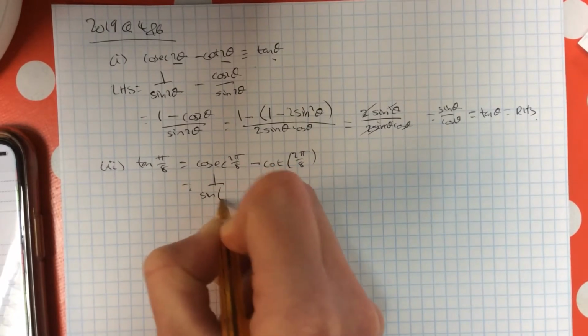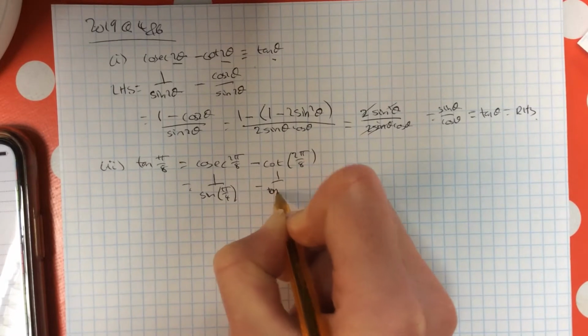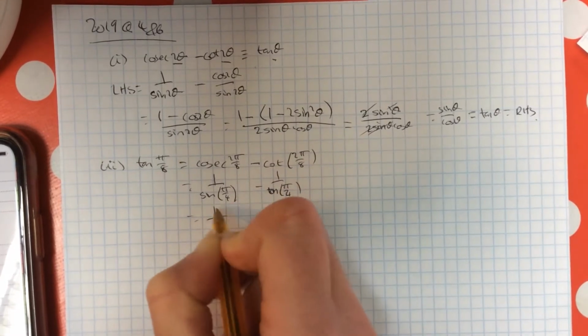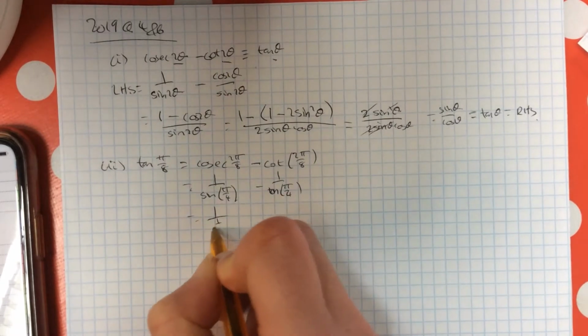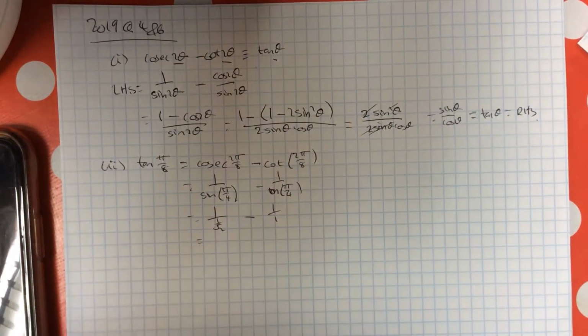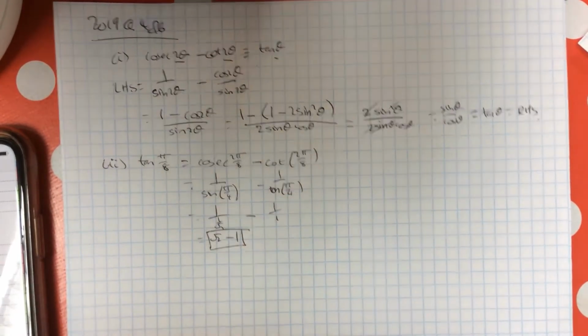Cosec is 1 over sine, that cancels down to pi over 4. Cot is 1 over tan, which cancels down to pi over 4. Sine pi over 4 is 1 over root 2. Tan pi over 4 is 1. So 1 over a fraction turns it upside down, root 2 minus 1.